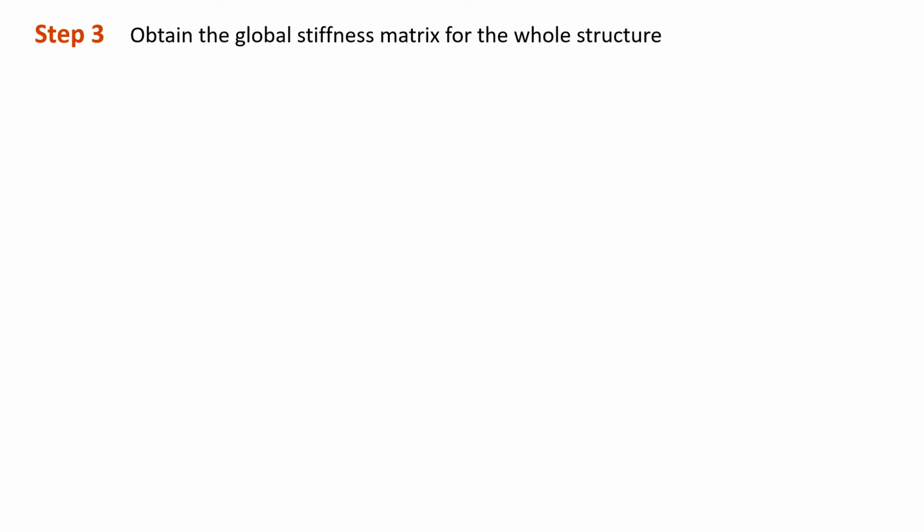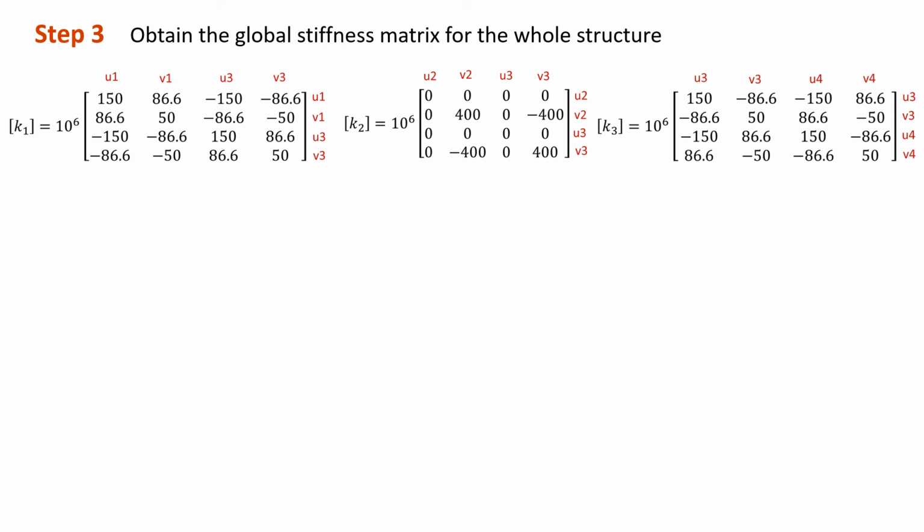Next step is to obtain the global stiffness matrix for the whole structure. We have defined the K matrix for each element. Now we need to combine all these matrices to become one global matrix for the whole structure. So what we have to do is insert the matrix element by element.